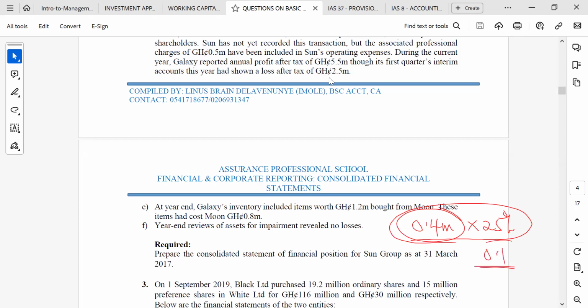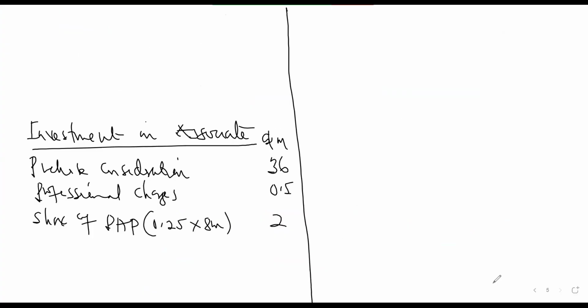But who is selling? The associate. No, sorry, the subsidiary. So this unrealized profit will go to the net assets of the subsidiary. So what you do over here is you come here, you have the provision for unrealized profits.